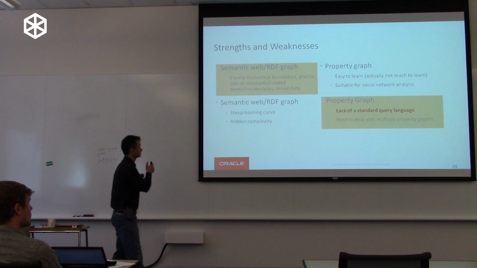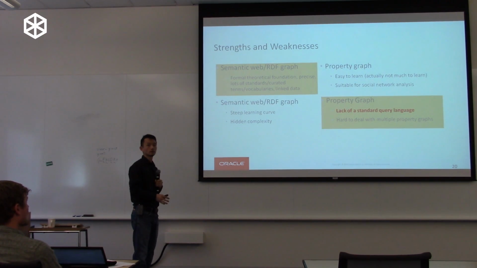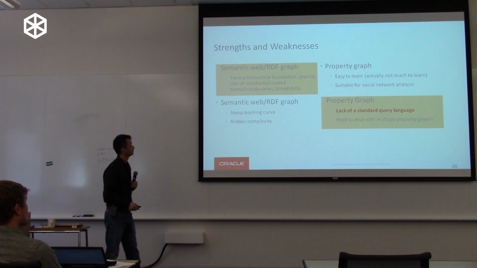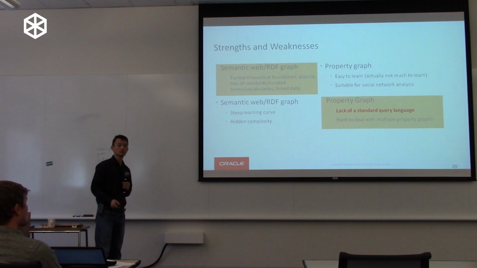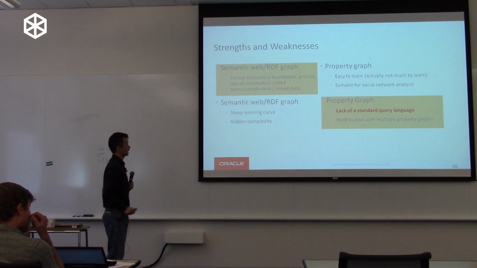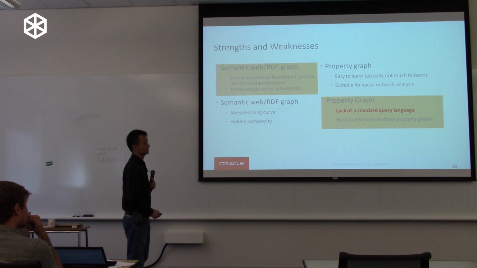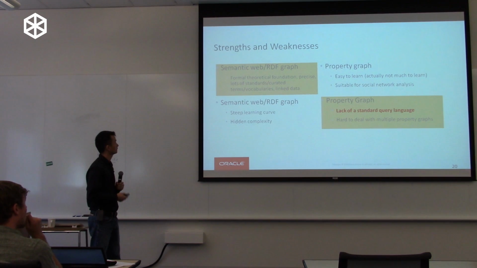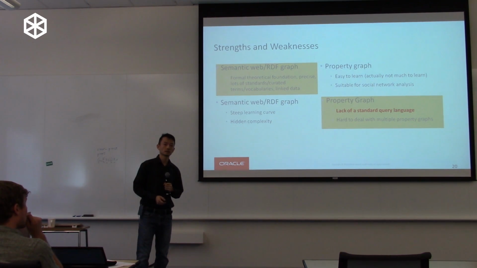Now, I have introduced both the RDF graph data model and the property graph data model. You may wonder what the strengths and weaknesses are. It depends who you are talking to. People have different views here, so this is kind of subjective. The strengths of RDF, in our opinion, are a really strong and formal theoretical foundation.